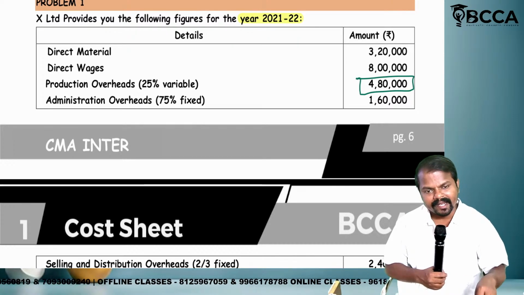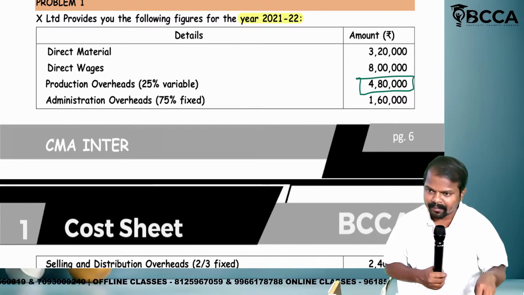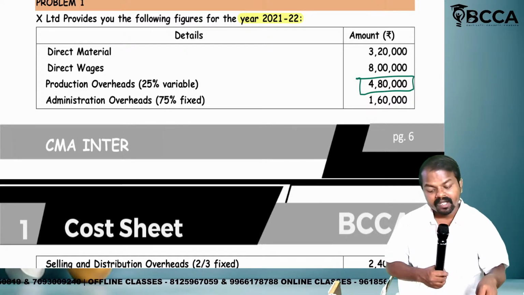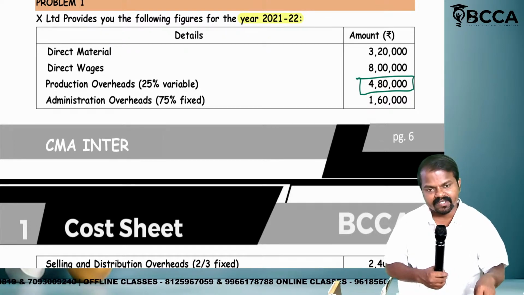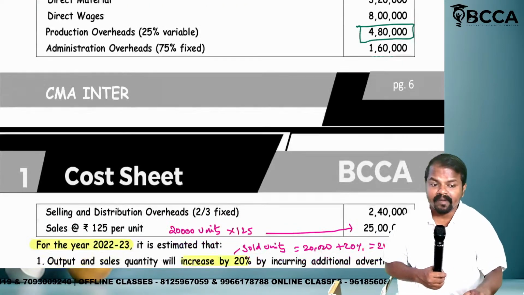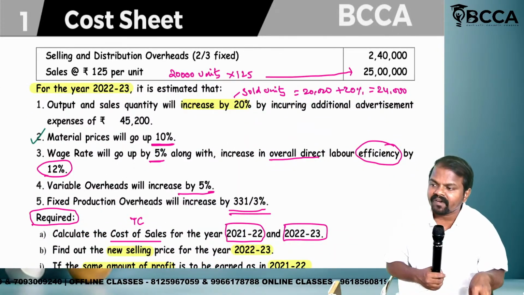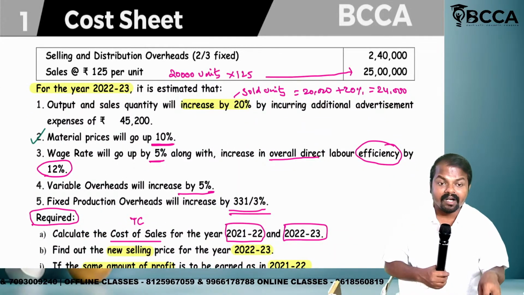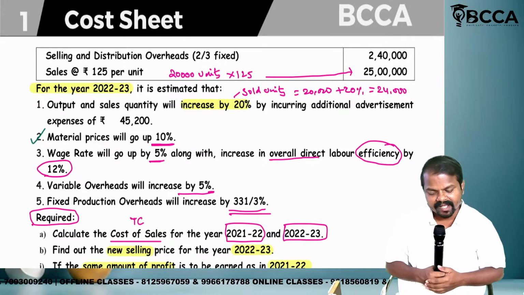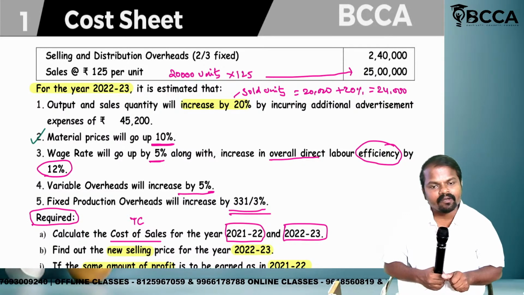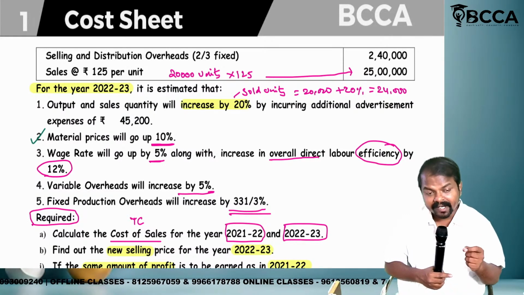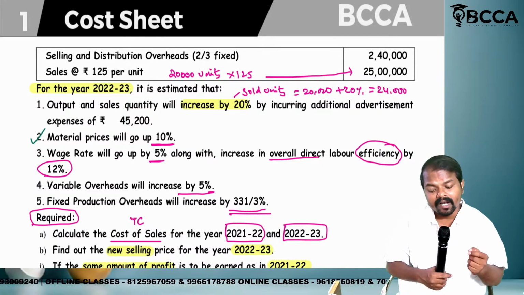Out of 4,80,000, 25% variable, remaining 75% fixed. Admin overhead 1,60,000, 75% fixed, 25% variable. Selling and distribution expense out of 2,40,000, 2/3 fixed, 1/3 variable. Sales 25 lakh at the rate of 125 rupees per unit.